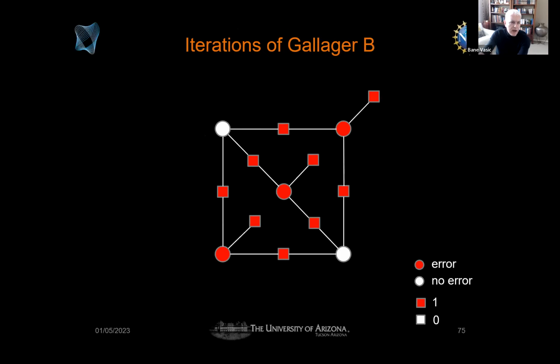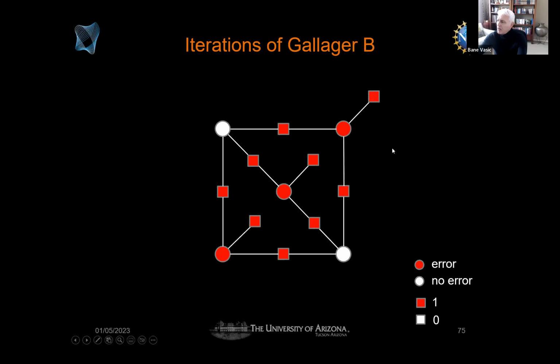So imagine that I have this graph, and let's suppose that there are these three errors, and these two nodes are white. So these white nodes are correct, and red nodes are in error. If I computed the check values, you will see that all these checks are going to be 1. So the check equations are not satisfied.